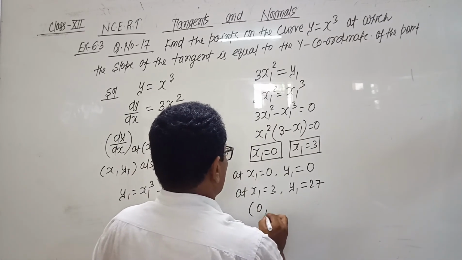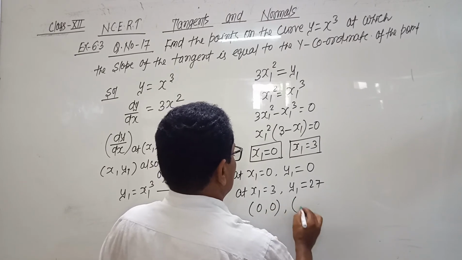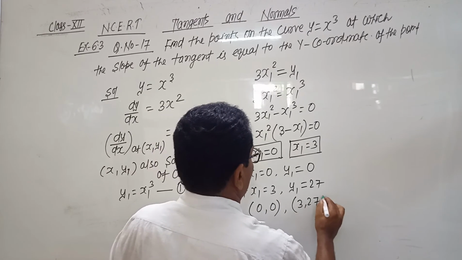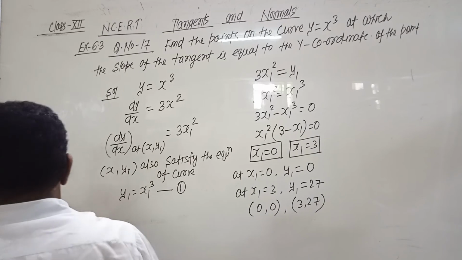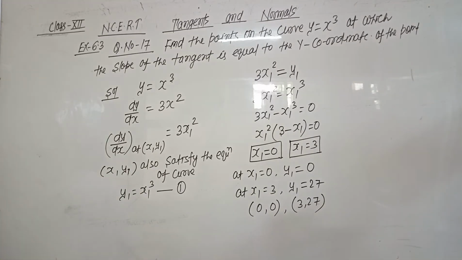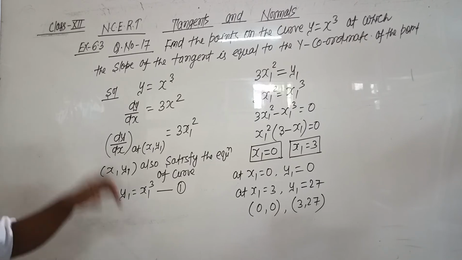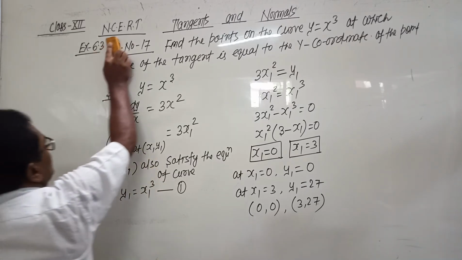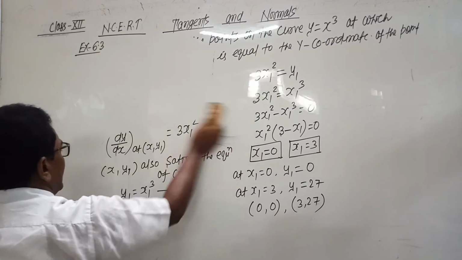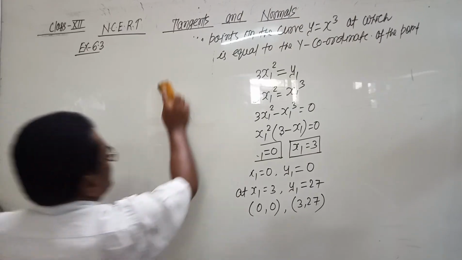So we get the 2 points (0, 0) and (3, 27), at which the slope of the tangent is equal to the y coordinate at that point.